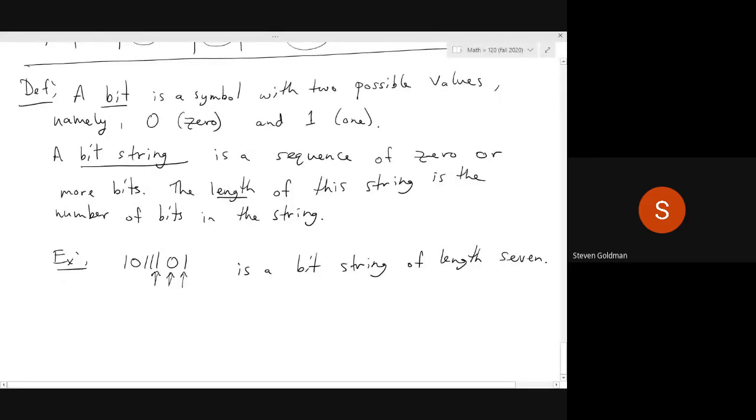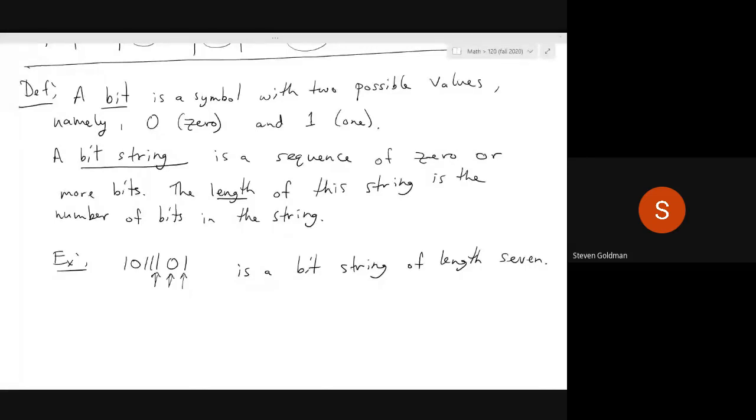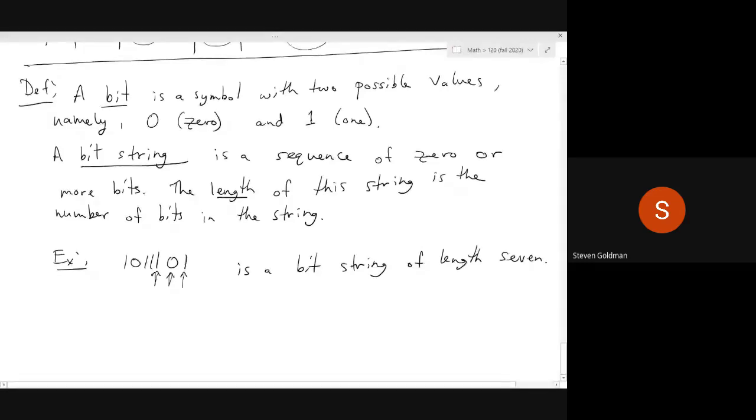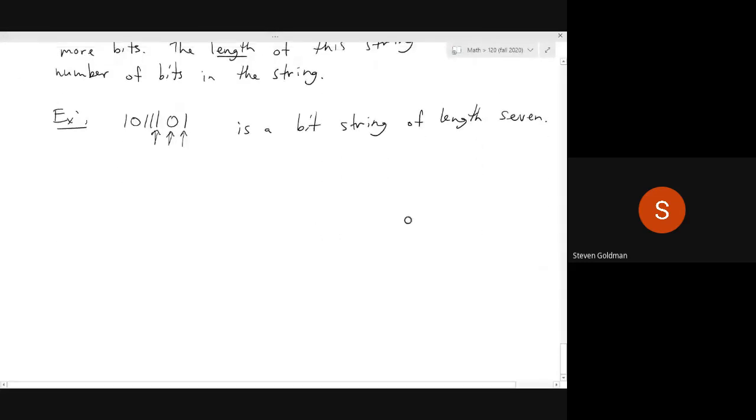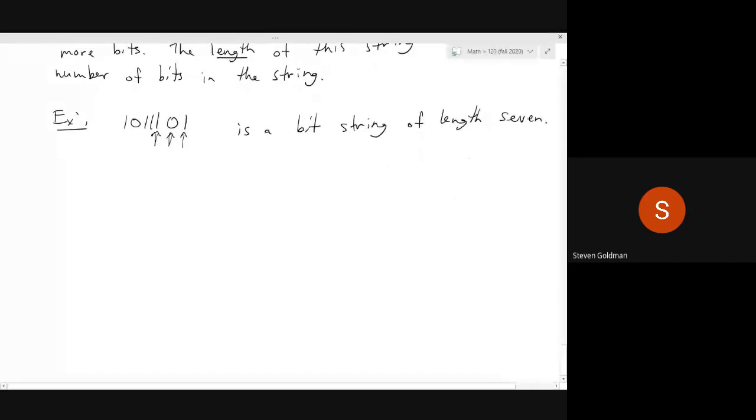I want to now practice writing sentences using logic symbols and vice versa, taking symbols from logic and writing them as English sentences. So this is sort of going to be a crossover between chapters 1.1 and 1.2. Let's start here with an example.